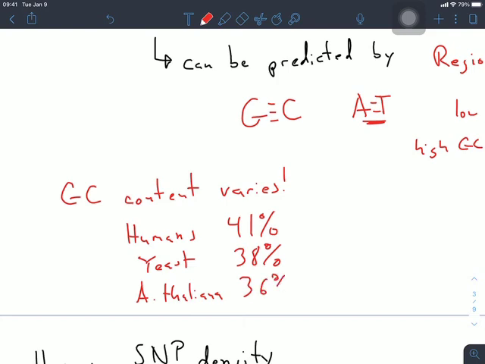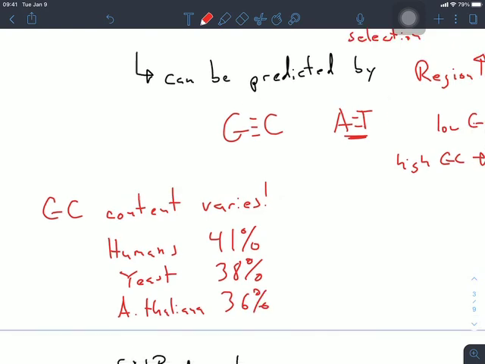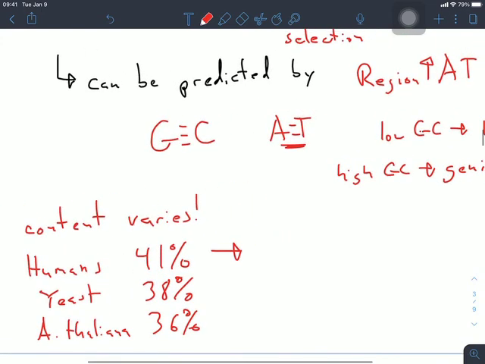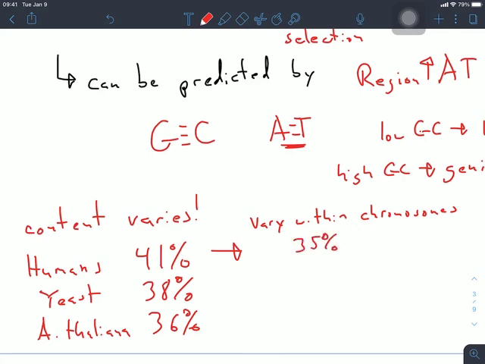We see that Arabidopsis thaliana has an even lower GC content at 36%. Now, even across the human genome, we see variation within regions or within chromosomes, within 100,000 base pair fragments, where the human genome can find regions that are as low as 35% GC and as high as 60% GC. That's a huge amount of variation.